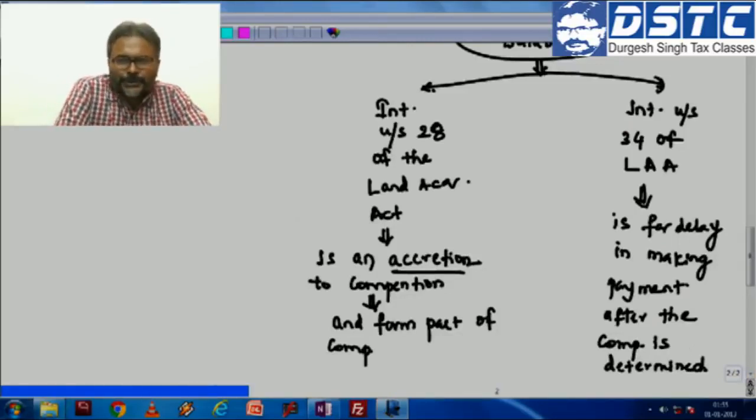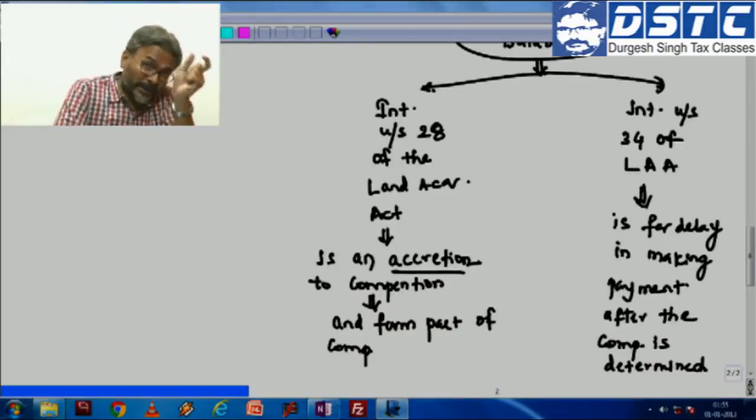So there are 2 sections for it, 28 and 34. In this particular case, it was section 28, wherein the assessee has received the interest.